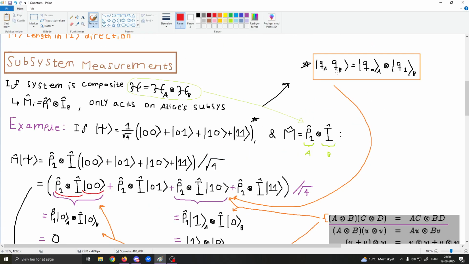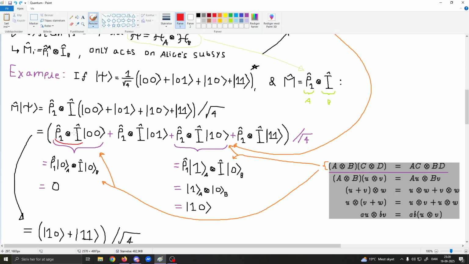Again, according to this, this follows a specific identity related to tensor products, which is this right here. If you have a tensor product multiplied by a tensor product, it corresponds to A multiplied by C, tensored with B multiplied by D, which is why you get this here.